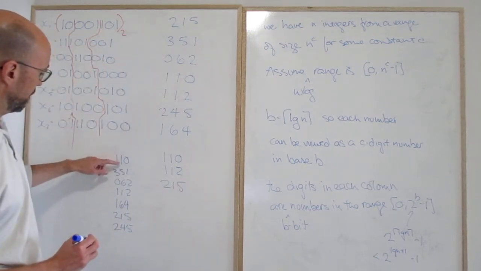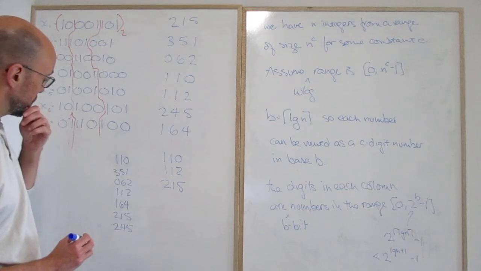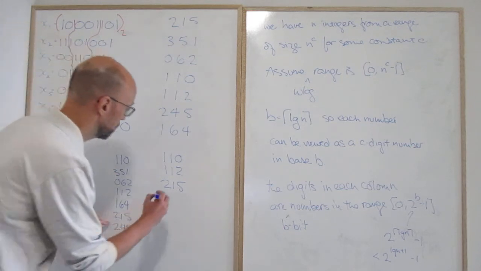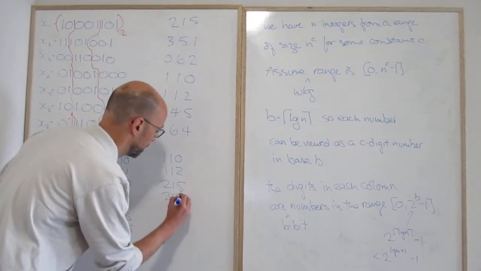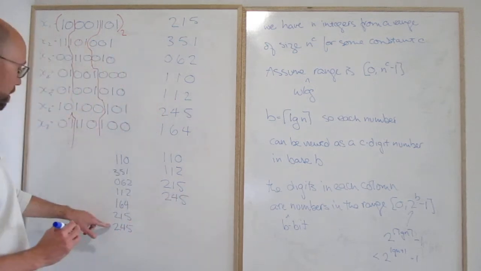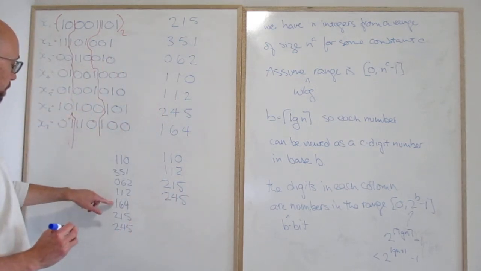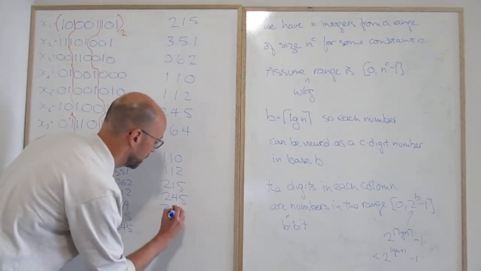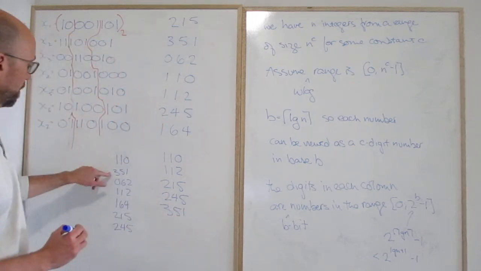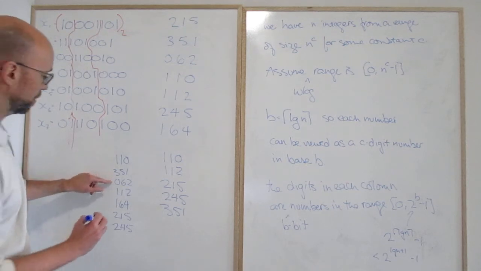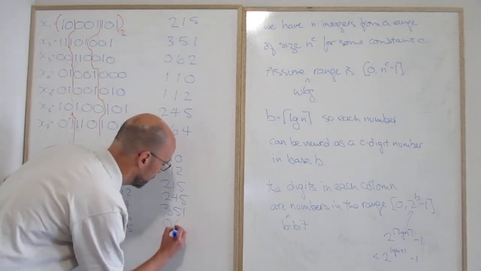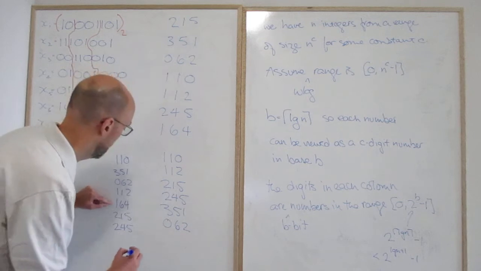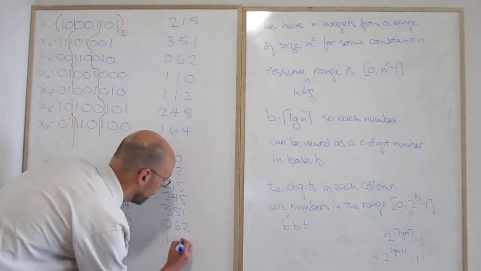And then we have no 2s, no 3s, 1, 4, which is 2, 4, 5. And then 1, 5, so 3, 5, 1. And then two 6s, and we do it stably, so it's 0, 6, 2, and then 1, 6, 4.